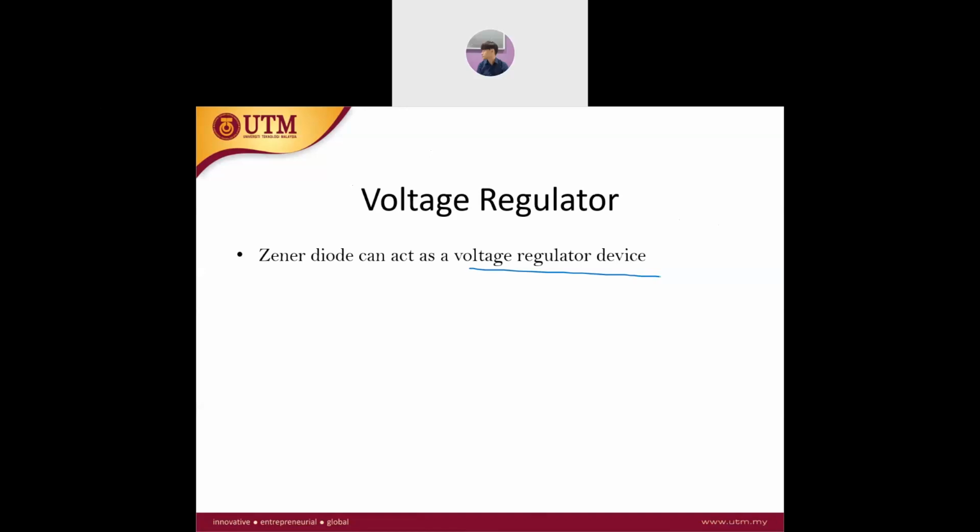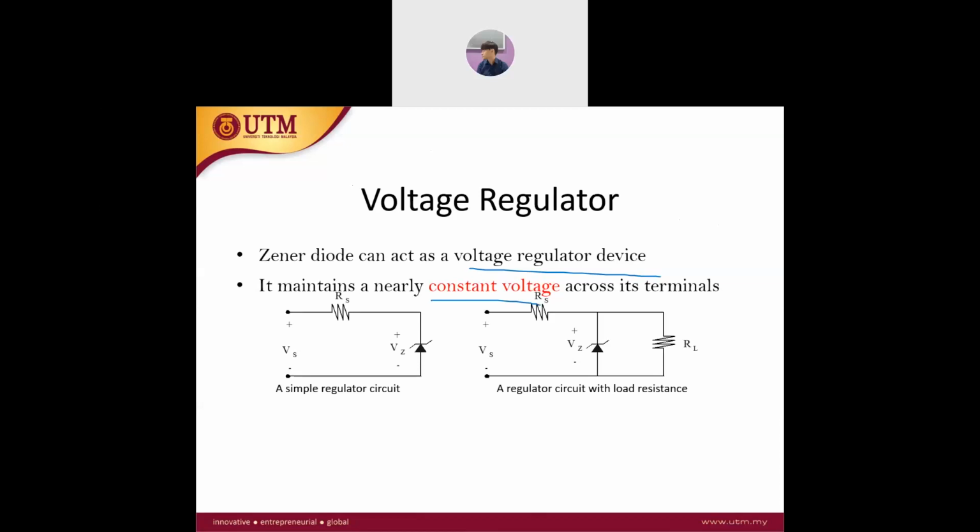So that's why it's suitable to use as a voltage regulator device. Next, it maintains a nearly constant voltage, like I told you just now. Delta VZ, the voltage is not really changed, which is nearly constant across its terminals. So this is one characteristic of a regulator, where we want things to have a certain consistent value.